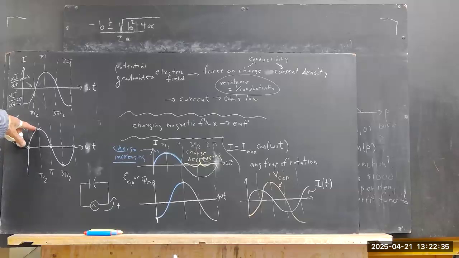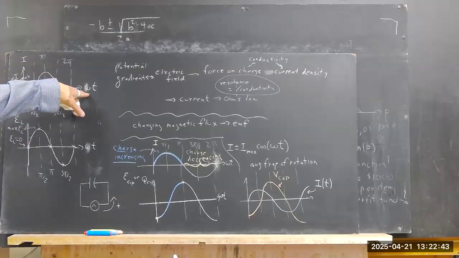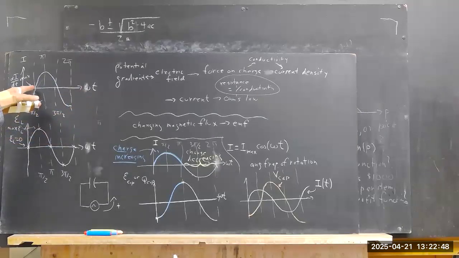Now you see the peak of the induced EMF, the back EMF, occurs before the peak of your current. When the current is changing most rapidly, that occurs before the peak.